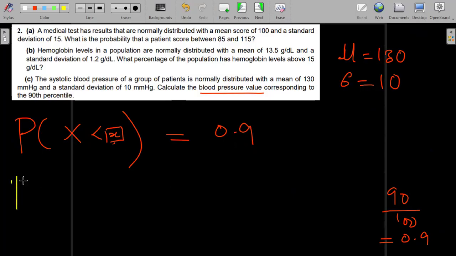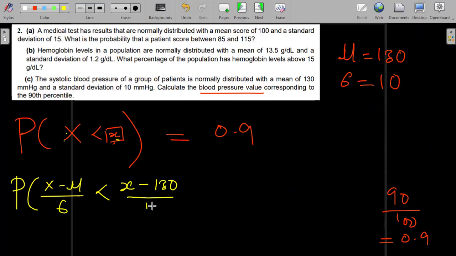So this will be the probability that we can change to z scores: z less than x minus the mean, so here I'll put the actual mean, 130, divided by the standard deviation, 10. Then this should give me 0.9.